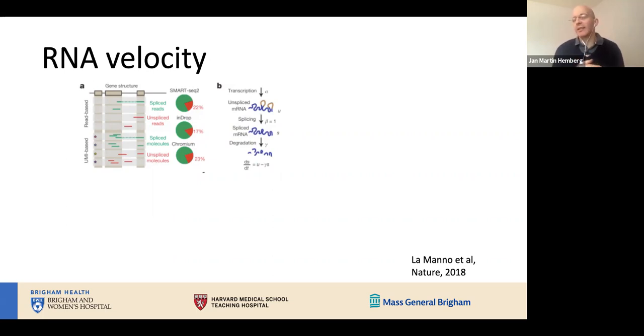The idea is based on a really clever observation that even though the assays that we have look at polyadenylated RNA, you will still get some reads from pre-spliced RNAs. So you'll get some reads that correspond to introns and are hence unspliced.